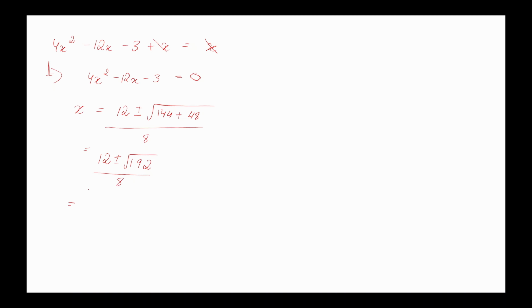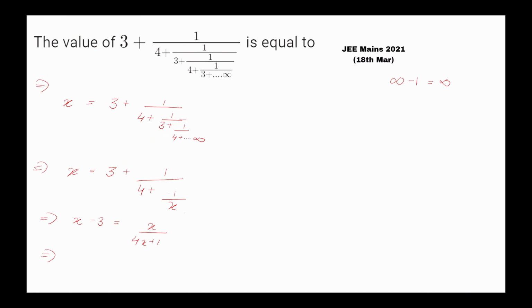So from here, what do we get? If we take 3 inside common, this would become 64, and we know the root of 64 is 8, so this would become 12 plus minus 8 root 3 by 8. 8 and 8 can simply get cancelled out, and 8 can cancel this out 1.5 times. So this would become 1.5 plus minus root 3. This is our answer.